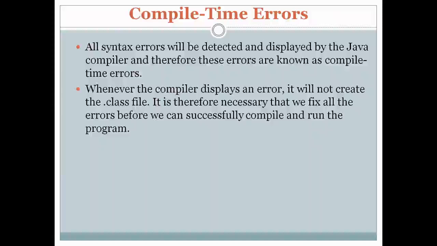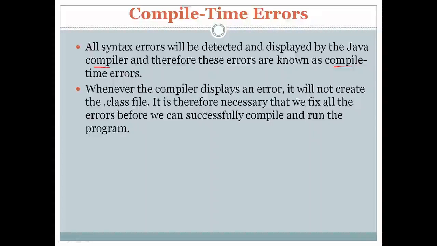All syntax errors will be detected and displayed by the Java compiler, and therefore these errors are known as compile time errors. So the Java compiler compiles the program and displays a list of compile time errors.